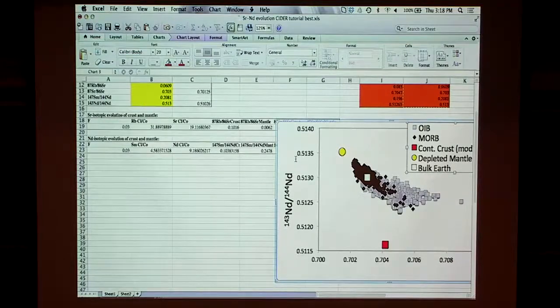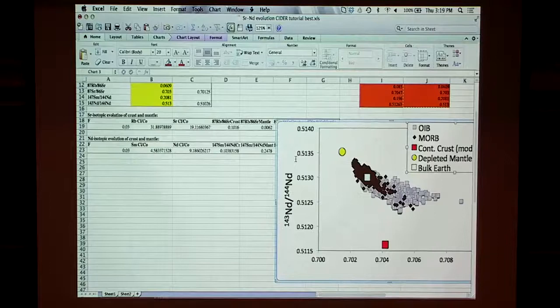If OIBs are containing recycled crust, why do they point off not in the right direction? Excellent question. I was saying if OIBs are containing recycled crust as one particular model, why are they not pointing towards continental crust? Yeah, sure.